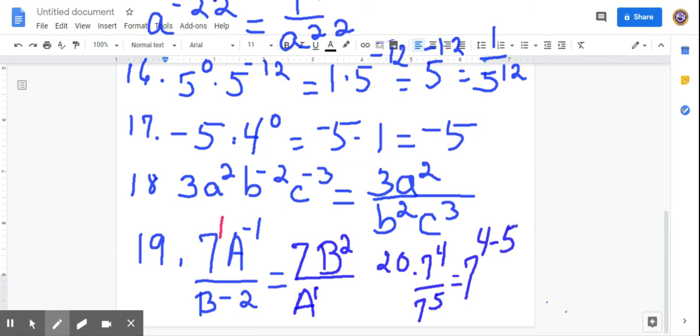So 4 minus 5. Well, when you subtract 5 from 4, you get -1. But remember, you can't leave a negative as your final answer. So you need to take the reciprocal of this and get 1 over 7. So it doesn't matter which way you think of it, you're going to get the same answer.